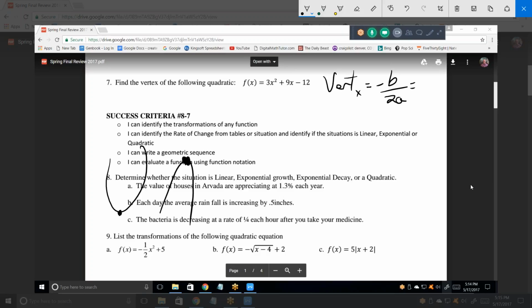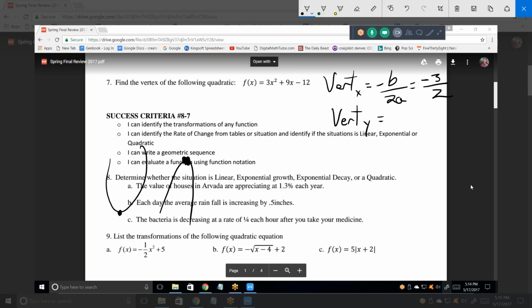Minus 9 over 6. Which is the same as minus 3/2. And that's only the x-coordinate of the vertex. What's the y-coordinate of the vertex? Hold up, I need to do some math here. Okay.